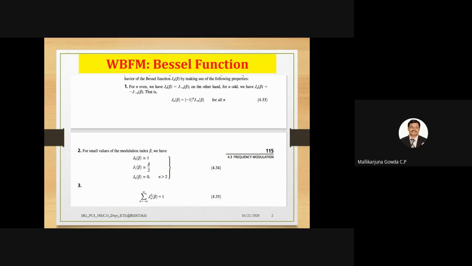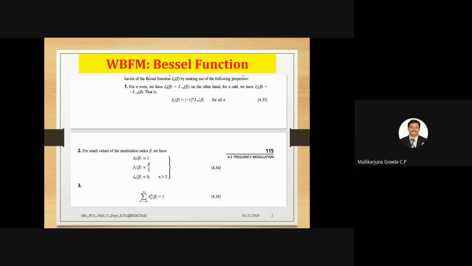And for odd, when n is odd, we can say Jn of beta is equal to minus J minus n of beta. So in what way is it different? When n is even, I said Jn of beta is equal to J minus n of beta.